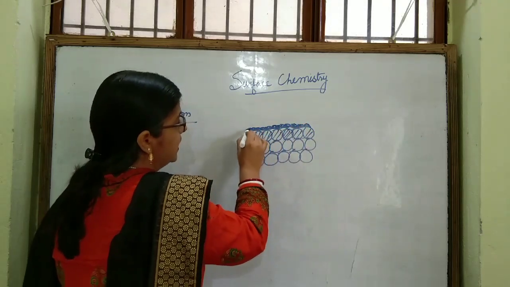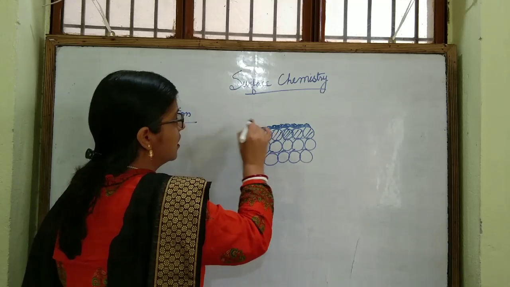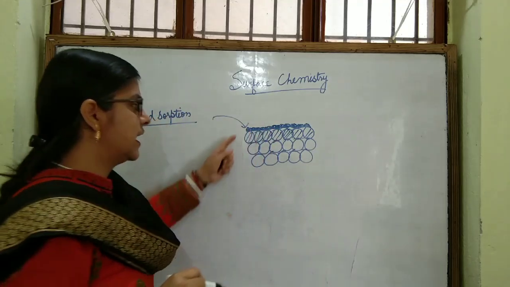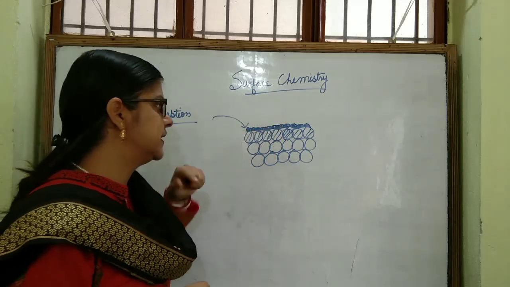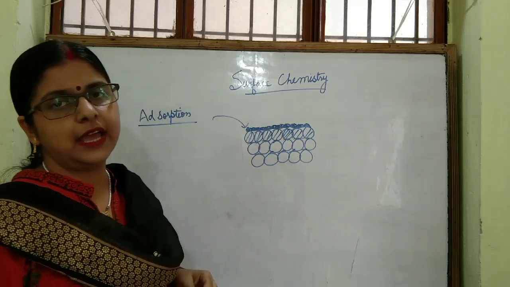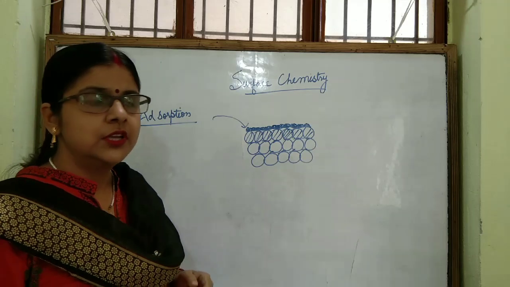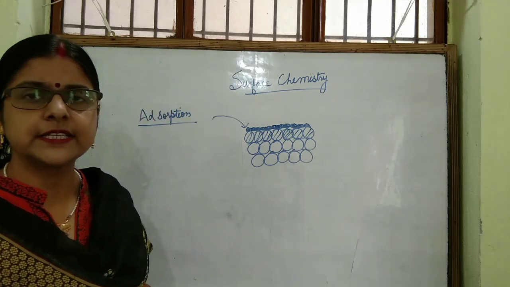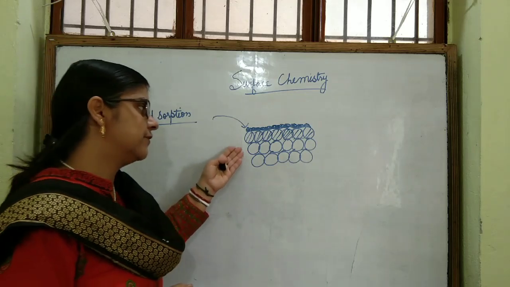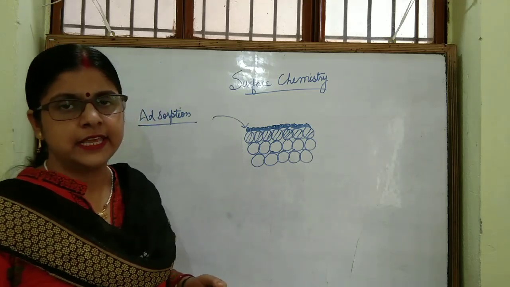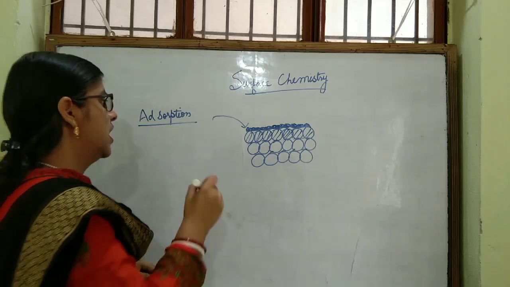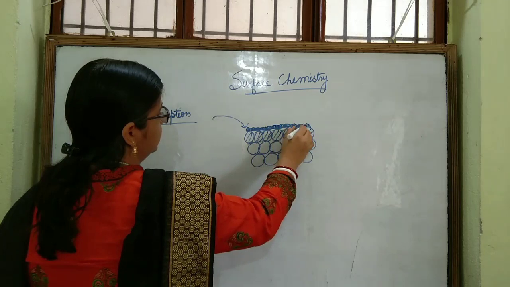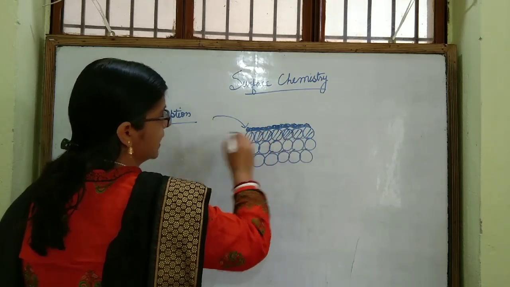What I am telling is that the concentration of some species on the surface of some other species is known as adsorption. Usually gases or liquids are adsorbed on the surface of solids. Here you see I have shown adsorption. The molecules of any species are adsorbed on this surface.